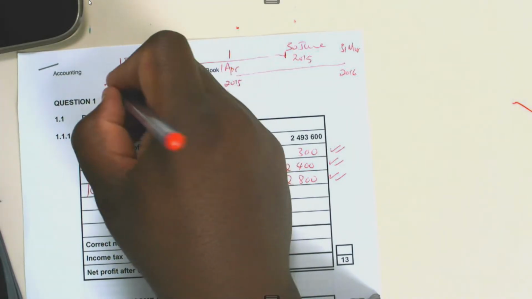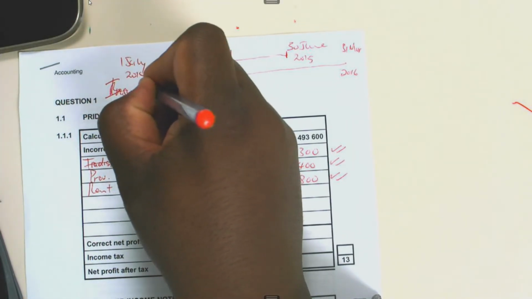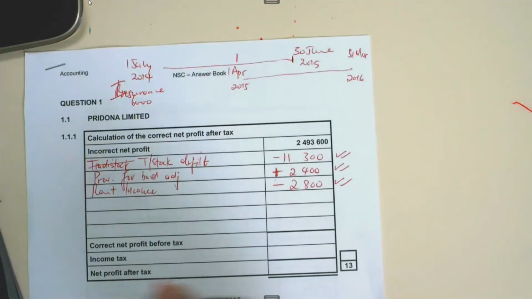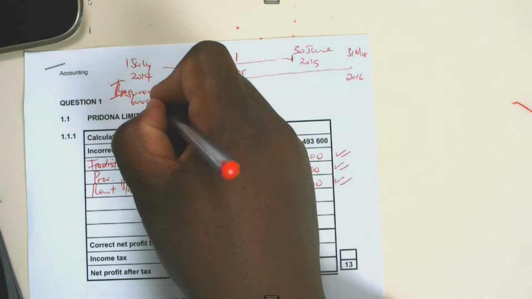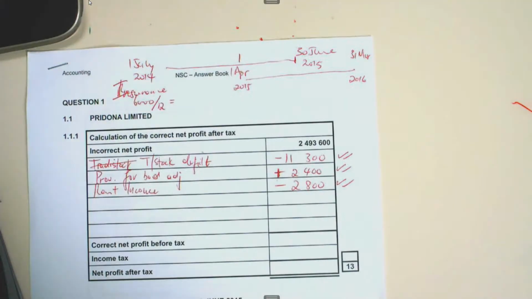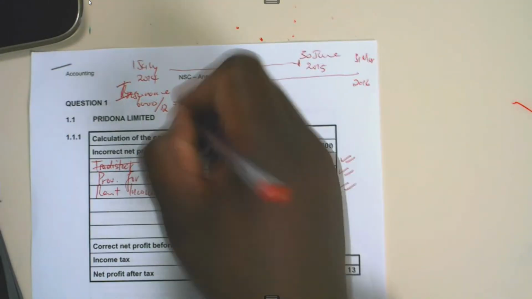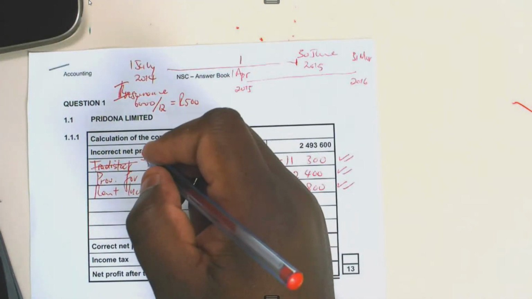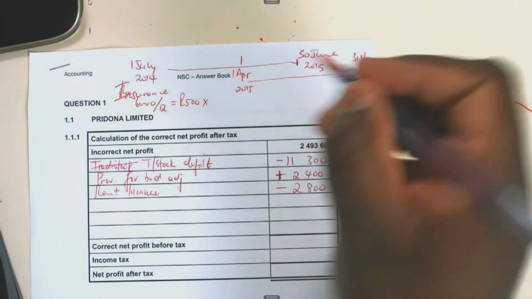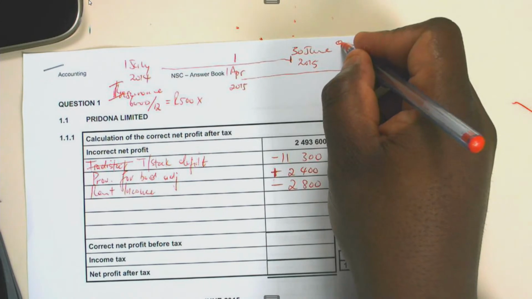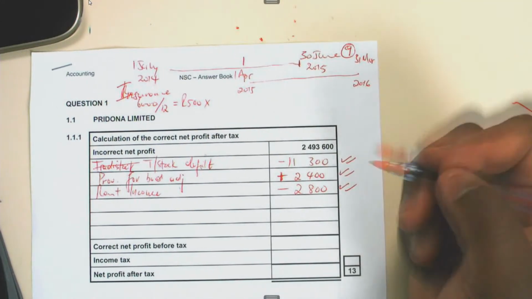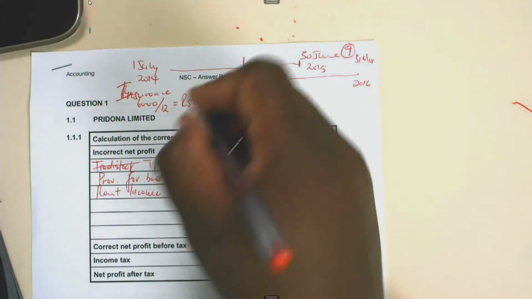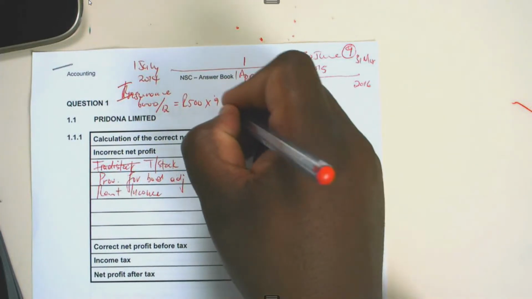Sorry, this is for insurance, 6,000. We divide by 12 to get 1 month's premium, which is 500, and then this 500 you'll multiply by 9. Remember, it has exceeded to the next financial period by 9 months.